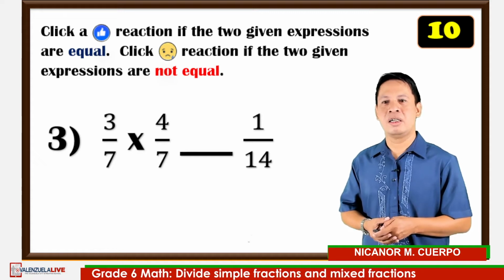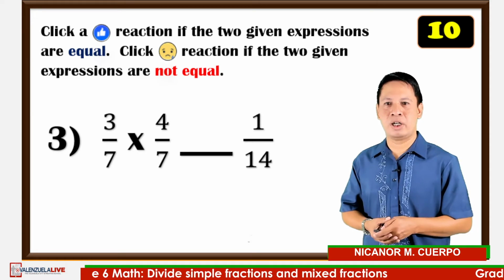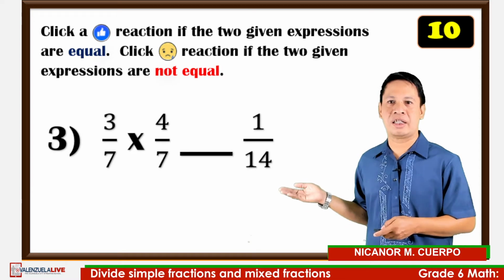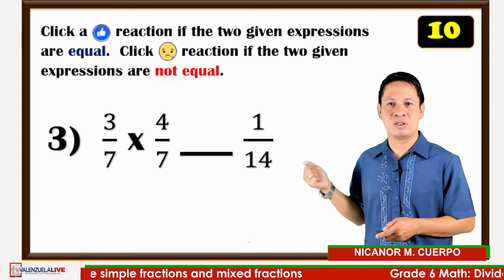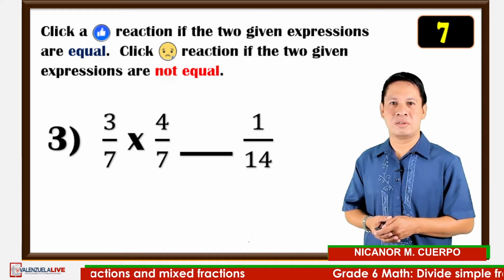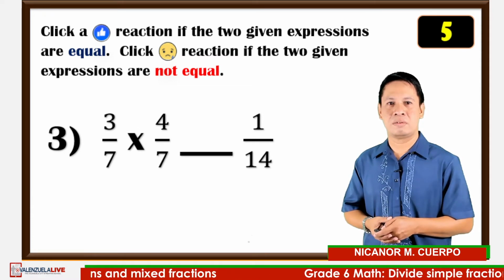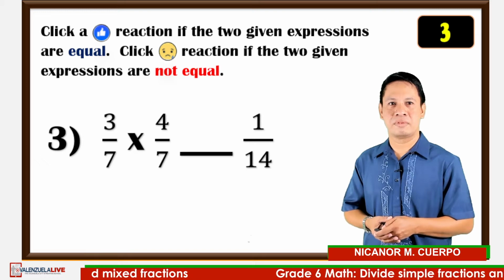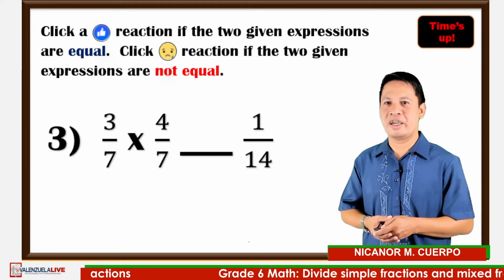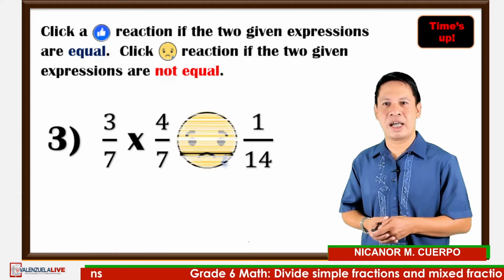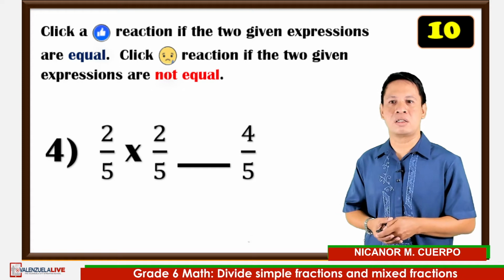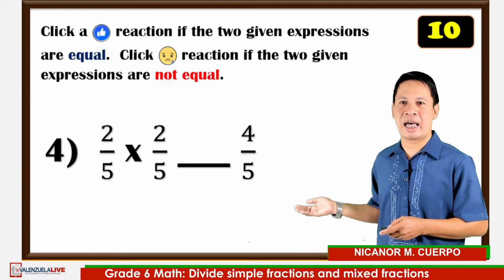Number 3, 3/7 times 4/7 blank 1/14. Is it like or sad? Go. Okay, time's up. The correct answer is sad. Number 4. Is it like or sad? Go.